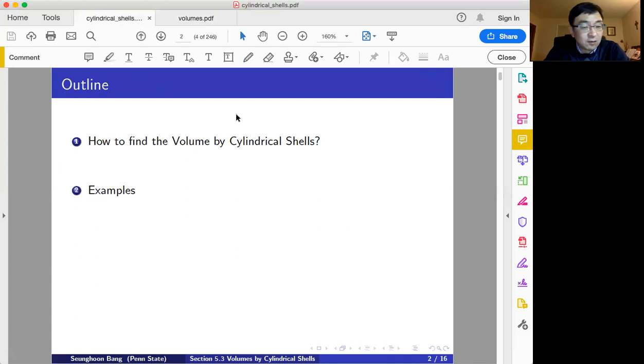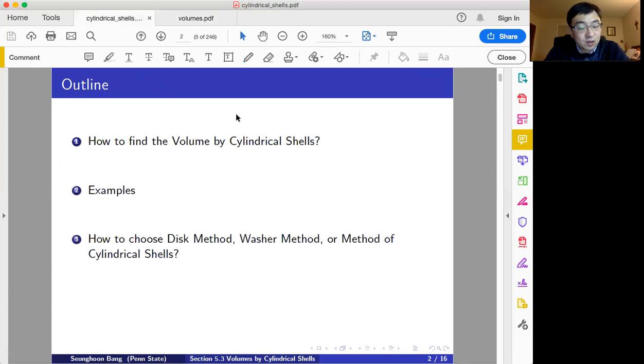Second, give examples. Third, how to choose among the previous section's disk method, washer method, or the method of cylindrical shells. How can we decide? Next, I will give examples.